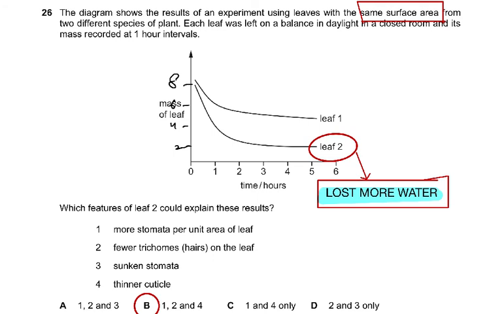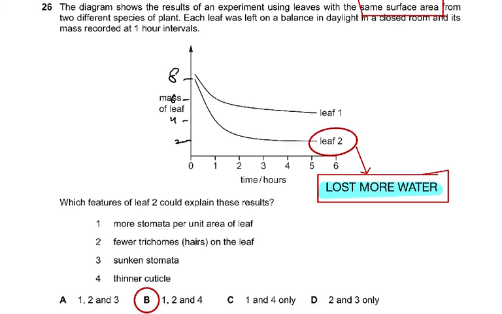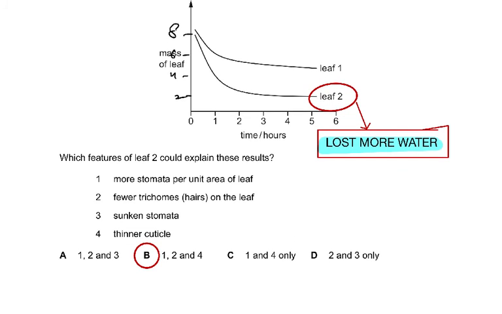Which feature of leaf 2 could explain these results? More stomata per unit area of the leaf, fewer trichomes on the leaf, sunken stomata, thinner cuticle. So you see, leaf 2 has lost more water. So what are the factors which make it lose more water? So of course it was 1, 2, and 4.